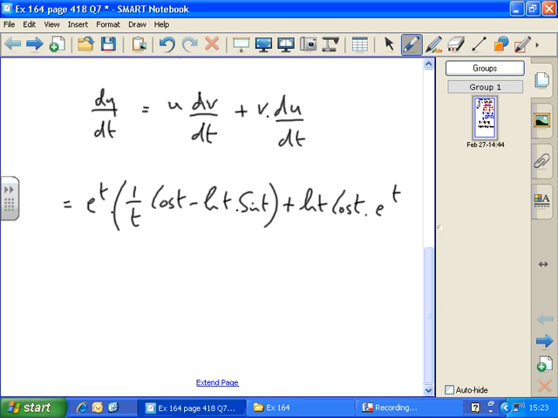So that's the answer. We can try tidying it up a bit. How will we tidy that up? No obvious ways to tidy it. So that will probably do as the answer.